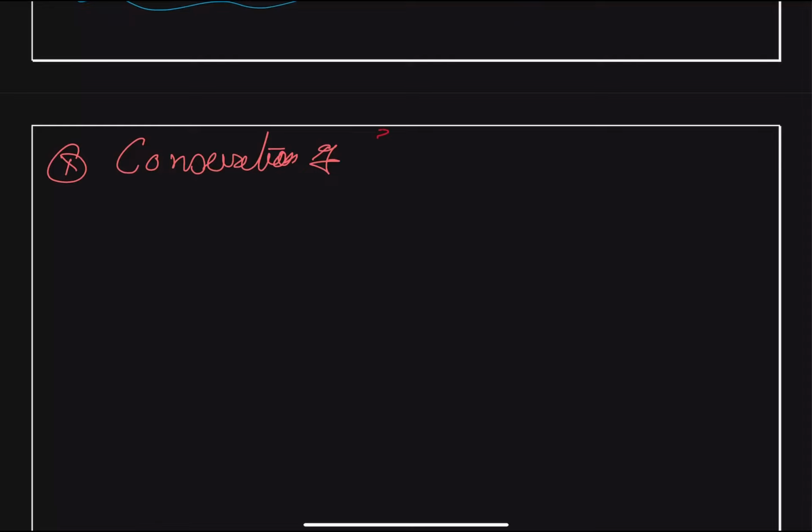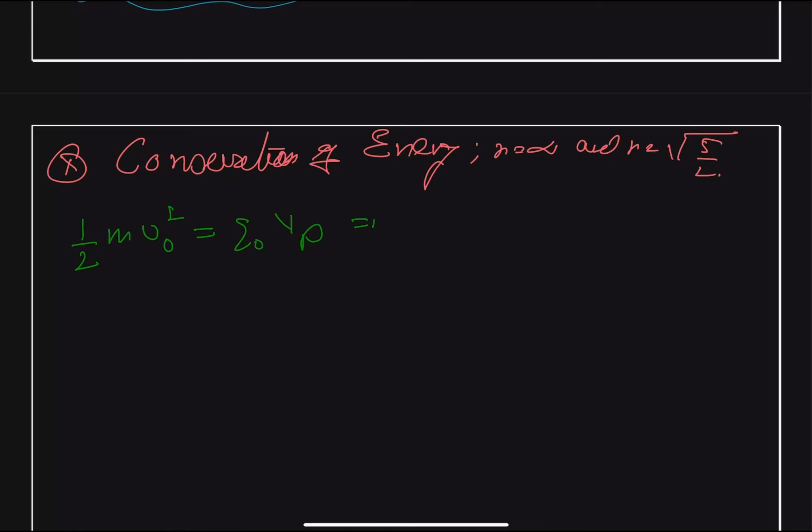At x equal to infinity, it only has the kinetic energy, that is half m v naught square. So this will be equal to half m v naught square is equal to q naught multiplied by VP. So from here we get v naught equal to the square root of twice q naught multiplied by VP divided by mass m.